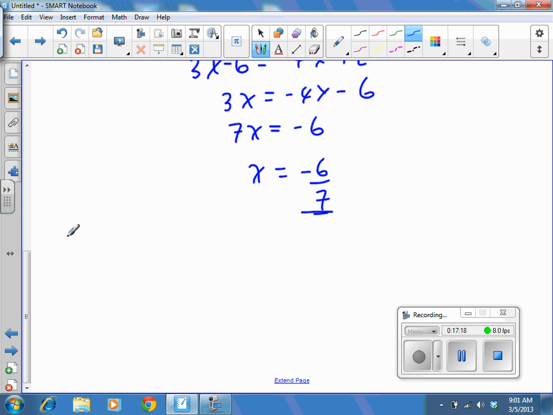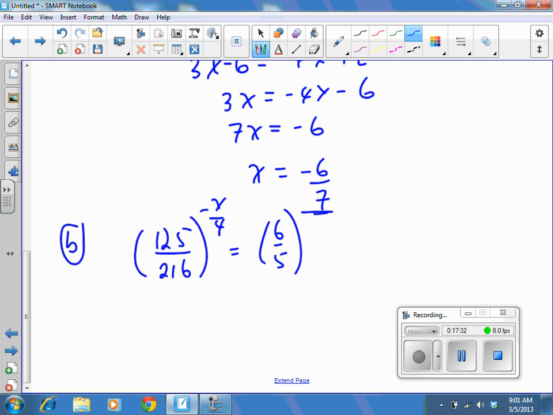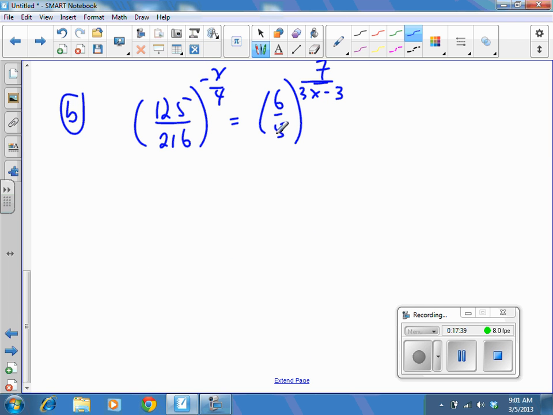All right. The last question here, 125 divided by 216, all to the power of negative x over 4 equals 6/5 to the power of 3x minus 3. So again, whenever I'm asked to solve an equation, I classify it.